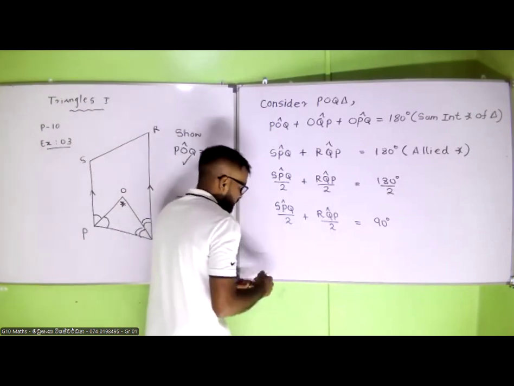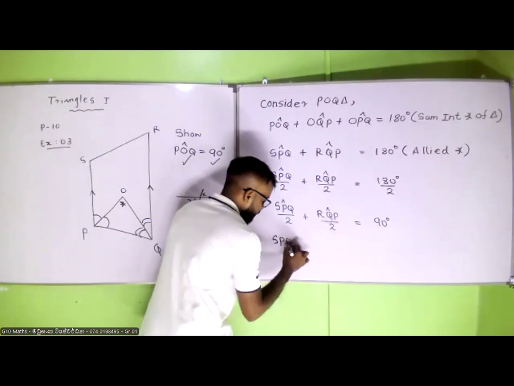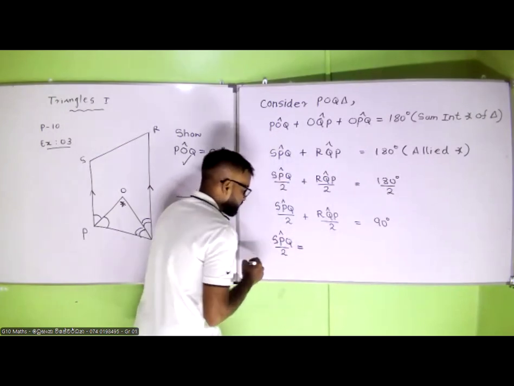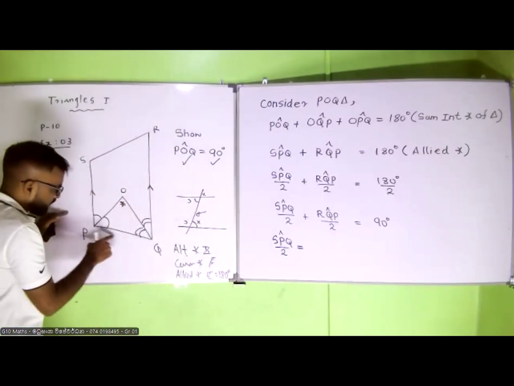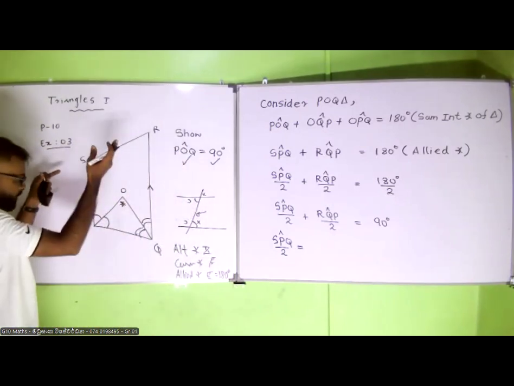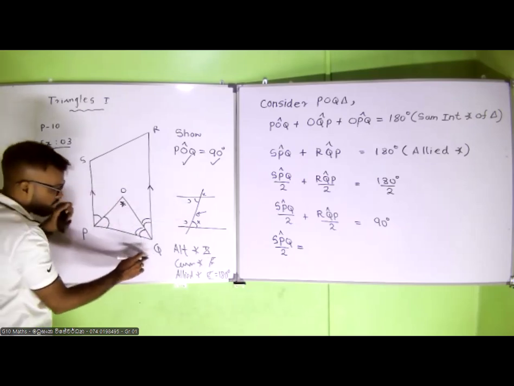Instead of SPQ angle divided by 2, I can substitute OPQ. If I divide this whole angle by 2, I can say SPQ divided by 2 equals OPQ.